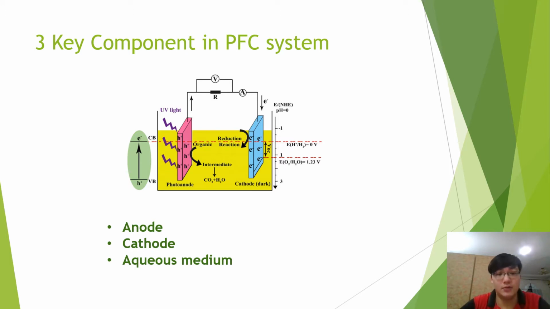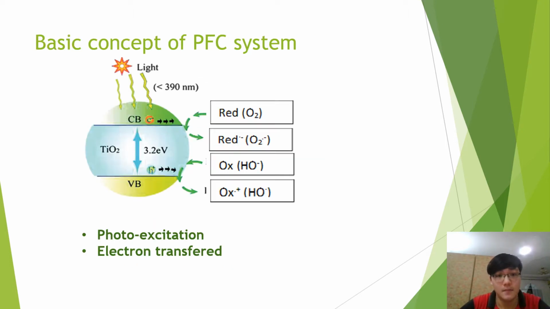The anode and cathode electrodes are connected with an external circuit. The anode is coated with semiconductor photocatalysts like TiO2 and zinc oxide. Light energy is captured by the semiconductor TiO2 and causes photoexcitation to form electron-hole pairs at the photoanode.